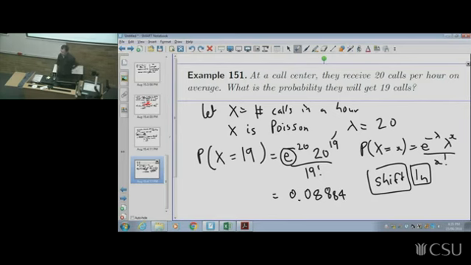Everyone should be able to use your calculator to get that answer. If not, that's okay.